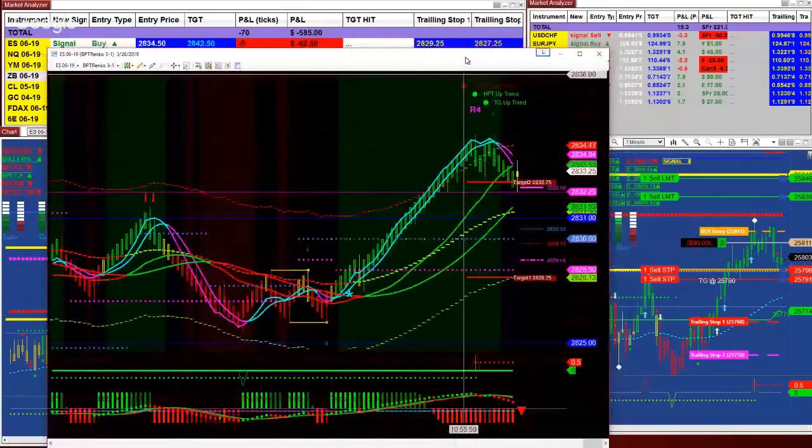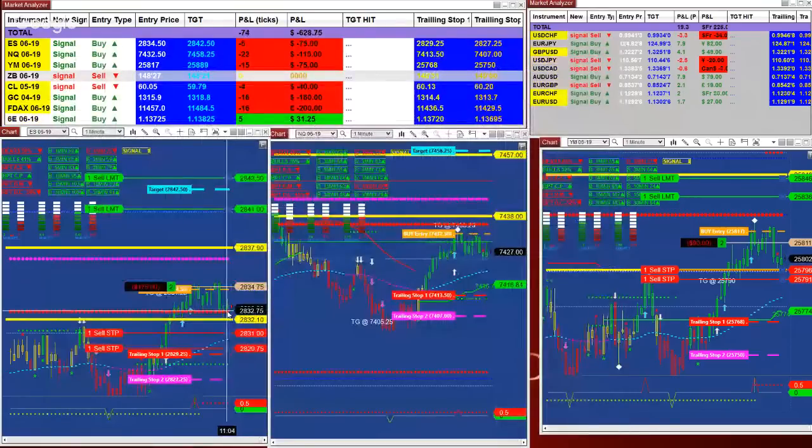So it seems like this 32.75 is holding. I'm going to wait a few more seconds and see if this ES decides to go up again.